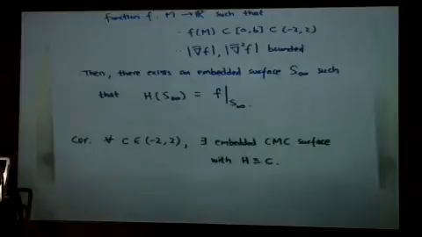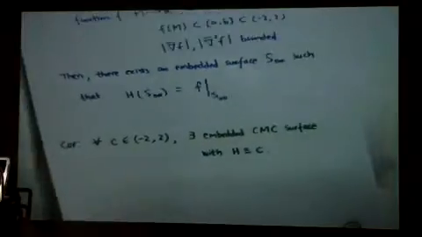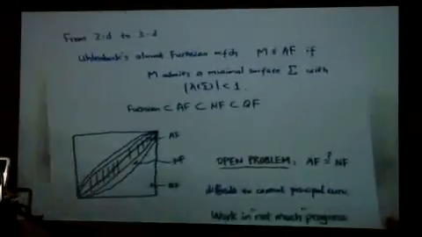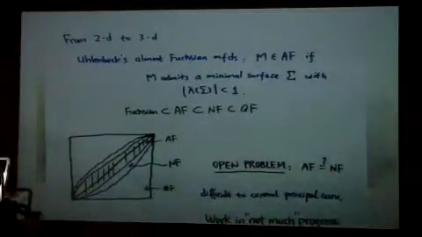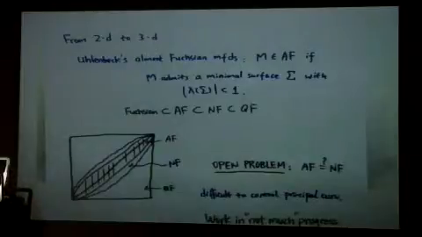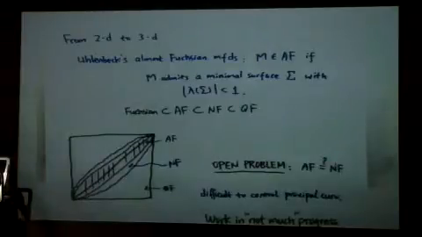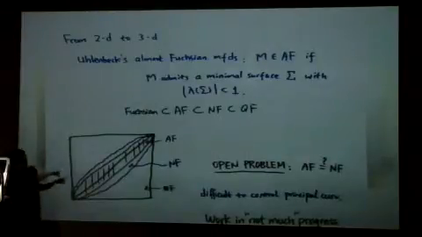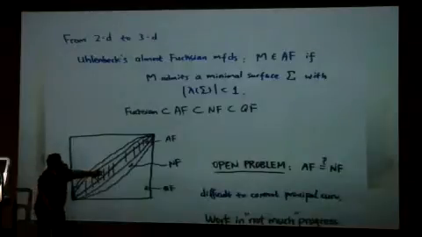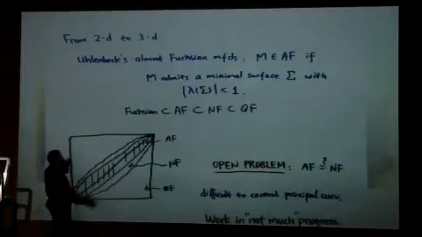All right, so if I move to 2 and 3 dimensions, there's an even smaller class, the so-called Uhlenbeck's almost Fuchsian manifolds. So you know there's a minimal surface; if you require the minimal surface to satisfy this principal curvature condition, it is almost Fuchsian. So that will be almost Fuchsian here, nearly Fuchsian here, quasi-Fuchsian everywhere.